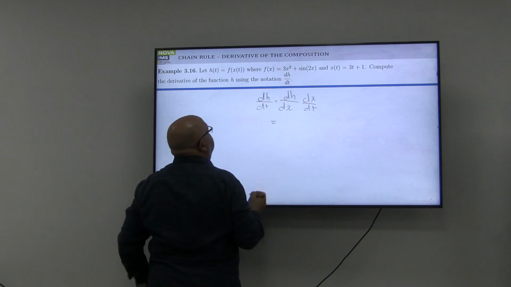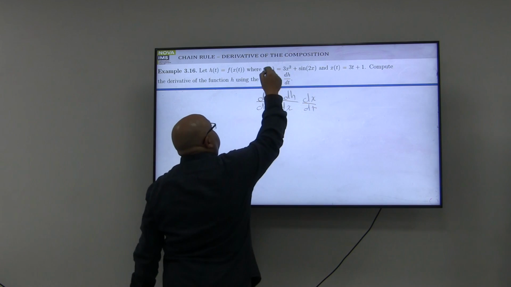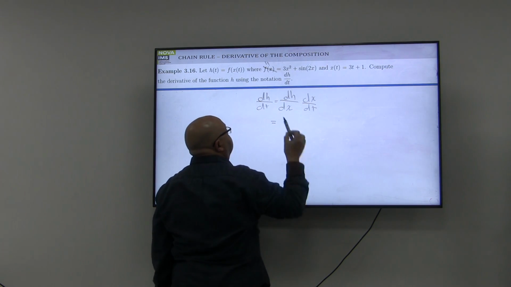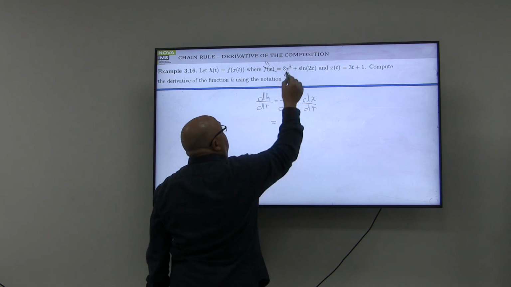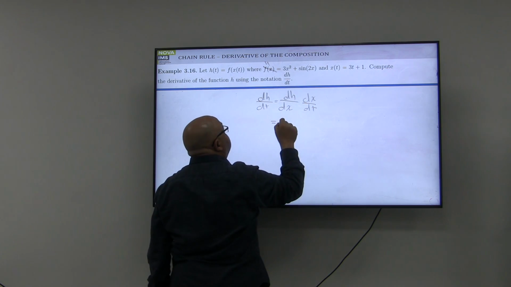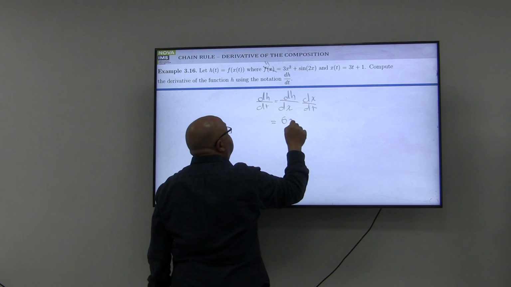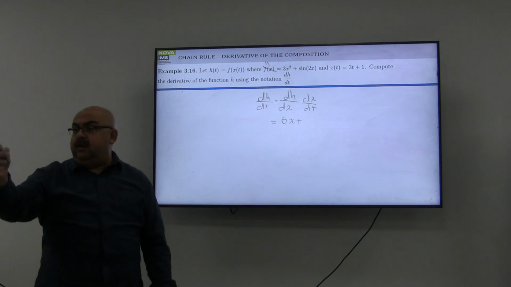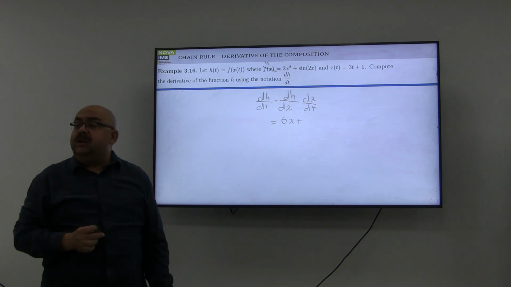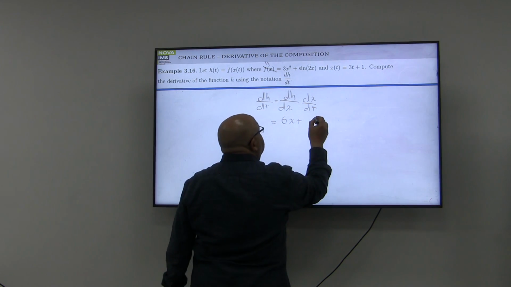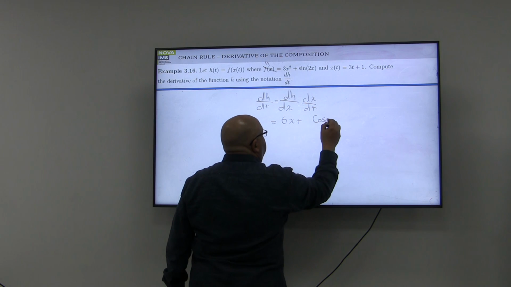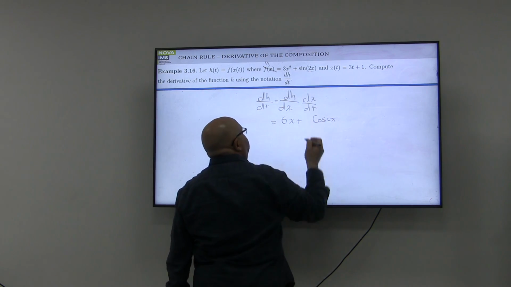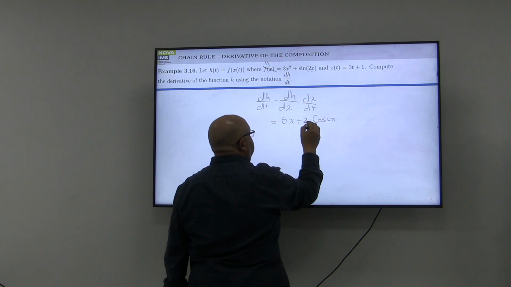I will start from here. I will start considering this is h, and I will start differentiating. Let's differentiate. I will differentiate 3x squared, which is going to be 6x, plus the derivative of sine of 2x, which is going to be cosine of 2x, then times the derivative of the argument, which means times 2.